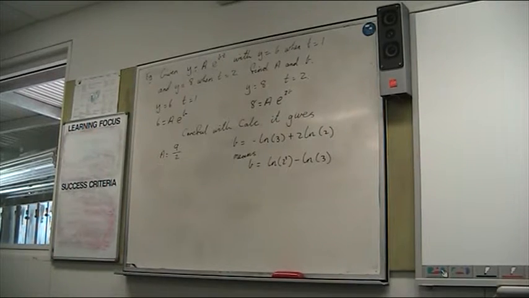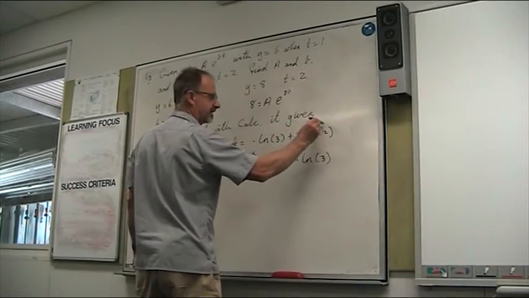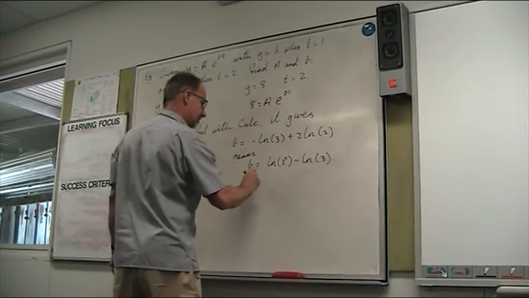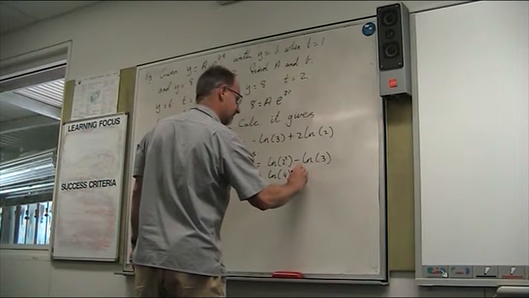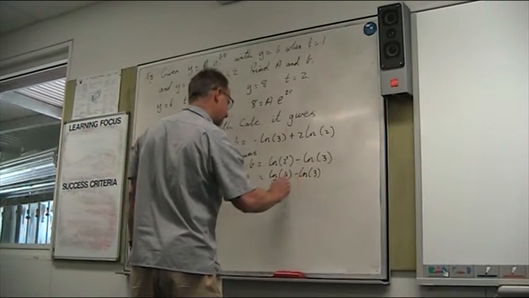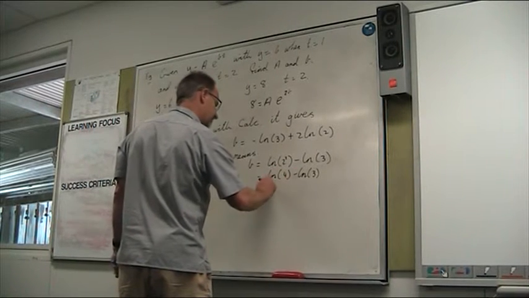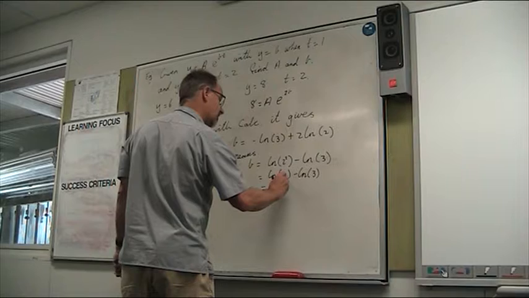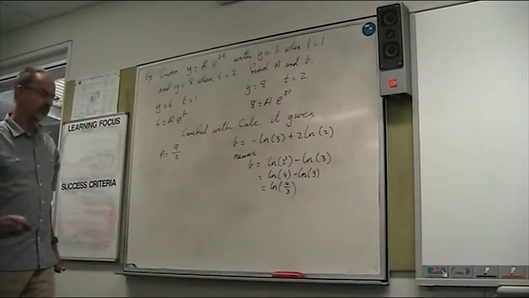So we use one of the index laws, or the log laws I should say, put the 2 up there. So then you've got log to the base e of 4 minus log to the base e of 3. And when we subtract, what do we do with these numbers when we put them together? Divide. Alright, so that's a more simple form.